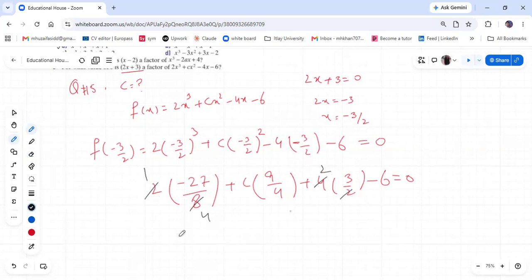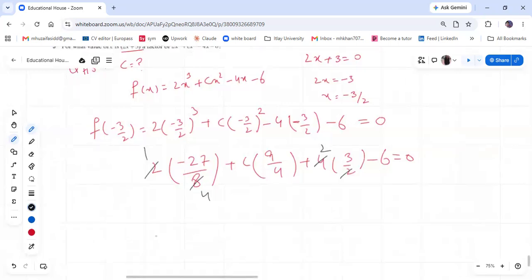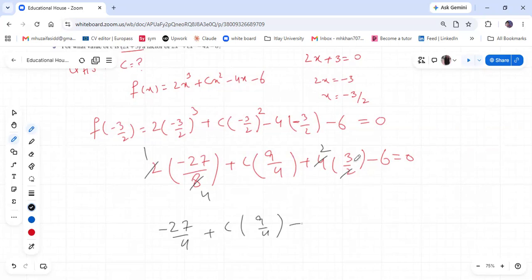Here I'm doing some simplification. So this is −27/4, plus c into 9/4, plus 3 multiplied by 2, which is 6, and minus 6 equal to 0. So minus 6 plus 6 cancels out. Got it?